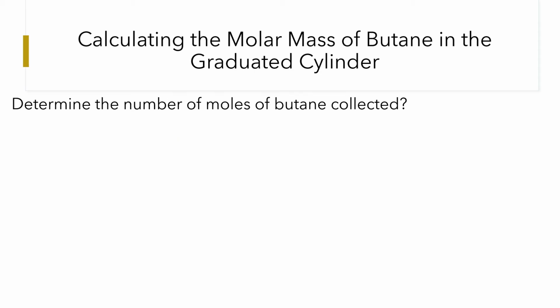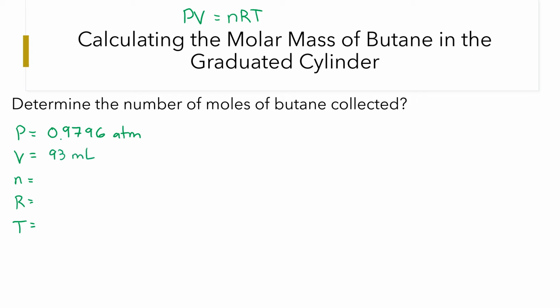Okay, in order to determine the number of moles of butane collected, I need to use the ideal gas law. Reminder, ideal gas law is PV = nRT. Okay, so I'm going to use the GUESS method. So the givens on the side, I always write in the order of the equation. So my pressure was calculated to be 0.9796 atmospheres. My volume collected, 93 milliliters.